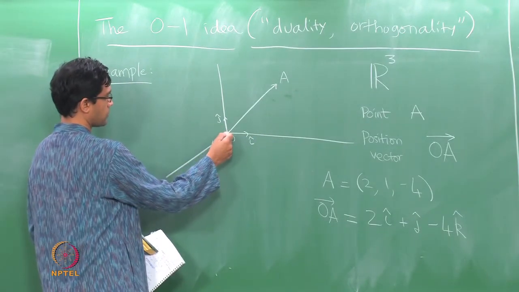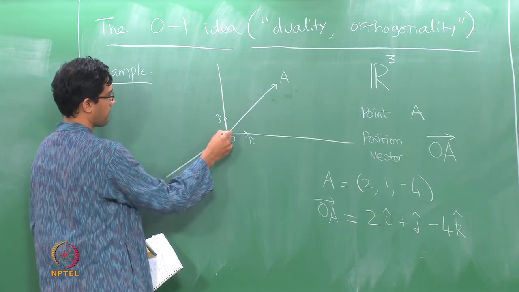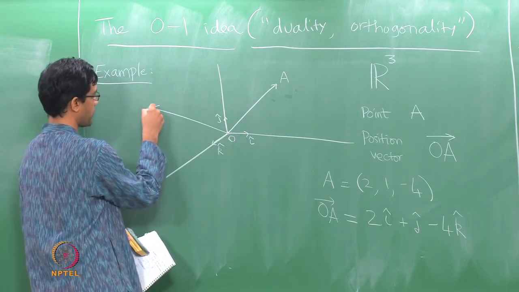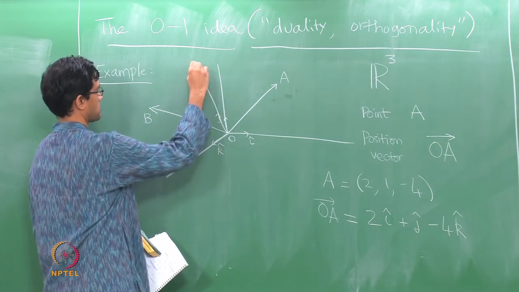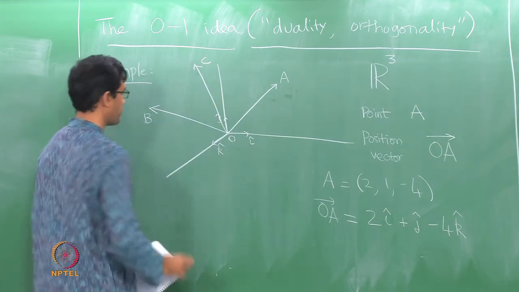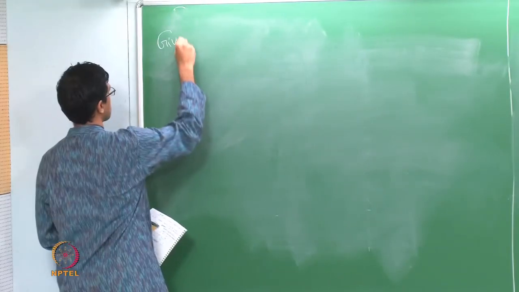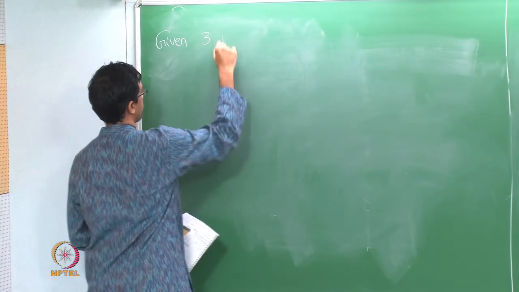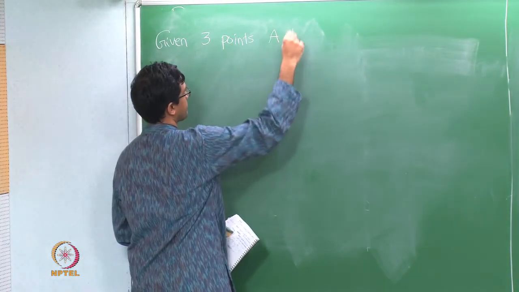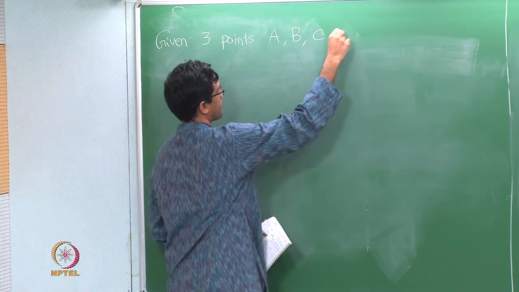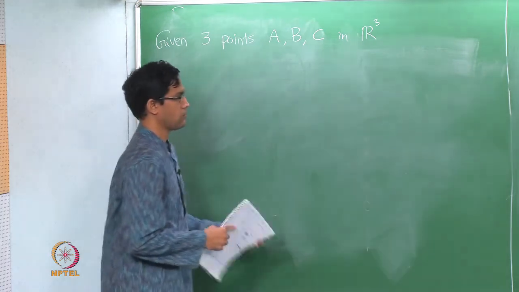So I want to take 3 points in R3. So here I have a point A. I want 2 more points B and C. So what you are given are 3 points in R3, and what else?